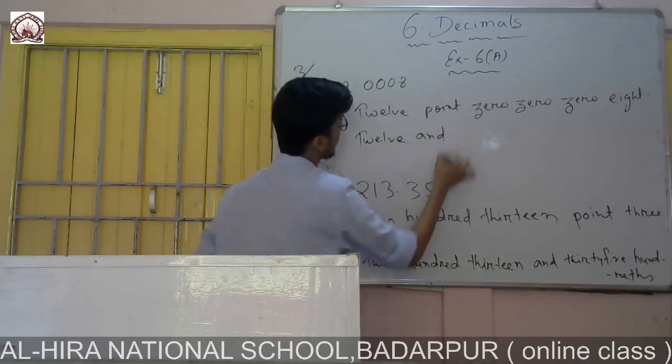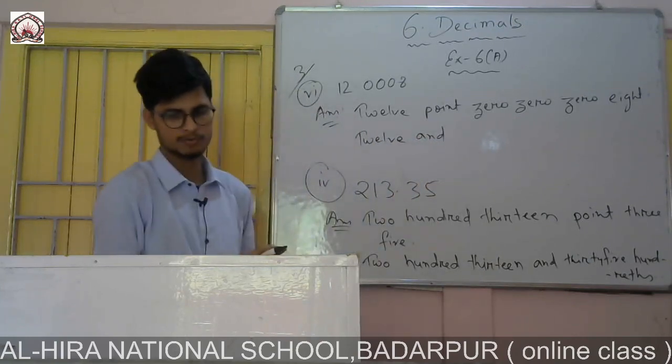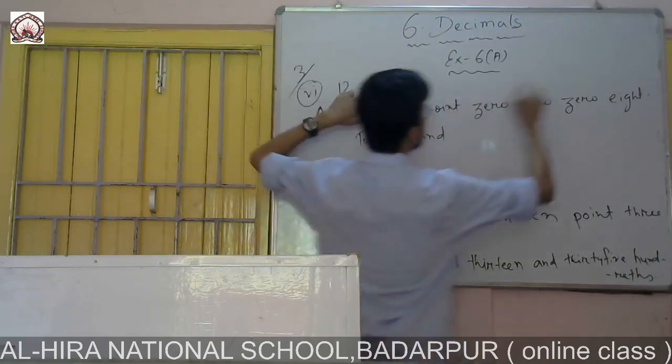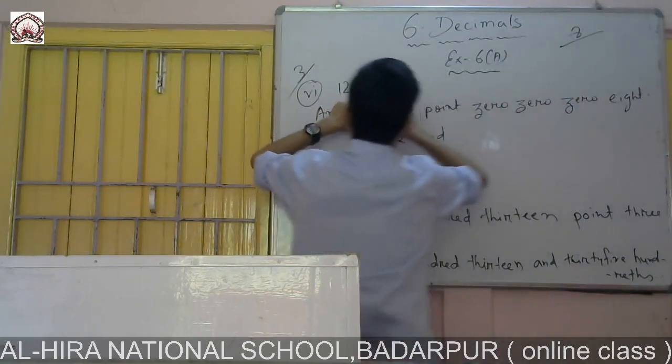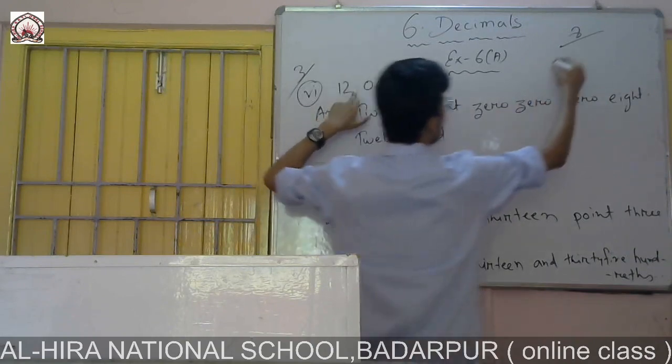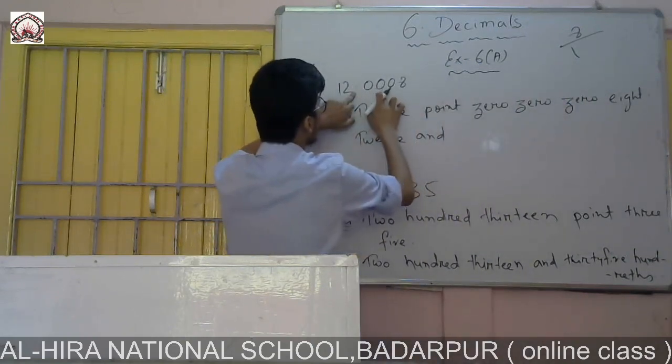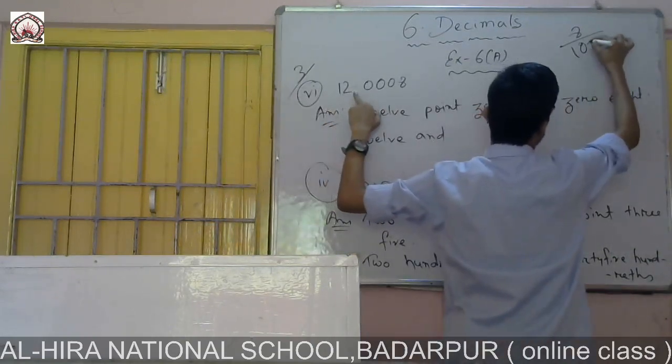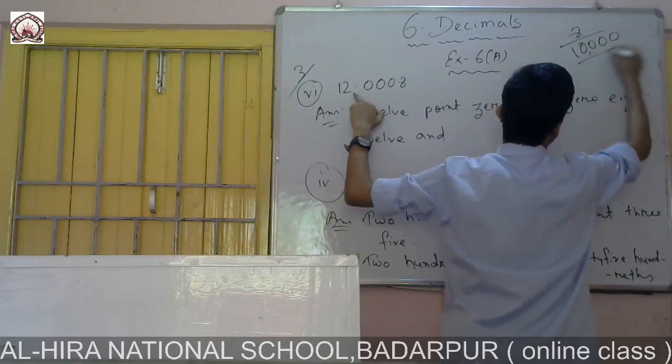And next one it will be 12 and 8 ten thousandths. If I write this one, I can write it as 8 over 1 followed by 4 zeros, which is equal to 10,000.